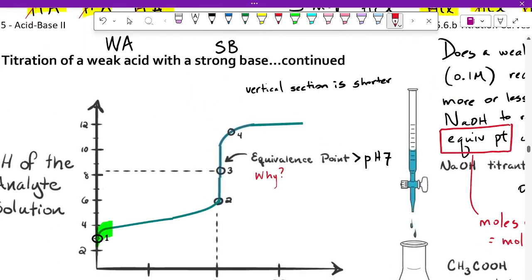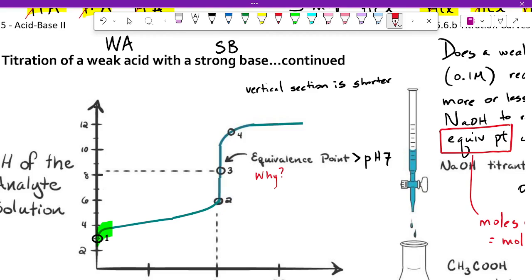Why is the equivalence point pH greater than 7? That's the answer I always get. That's the answer I don't want. Okay, you are not the only one. That's the answer I get from all the students all the time. Because it's a weak acid and a strong base, therefore it must be basic. No.